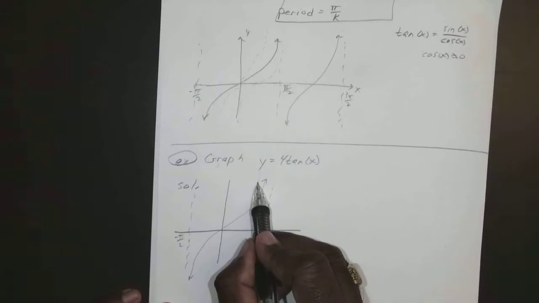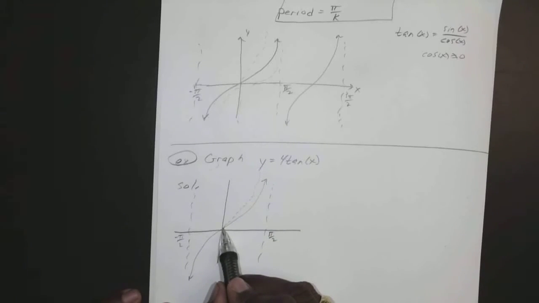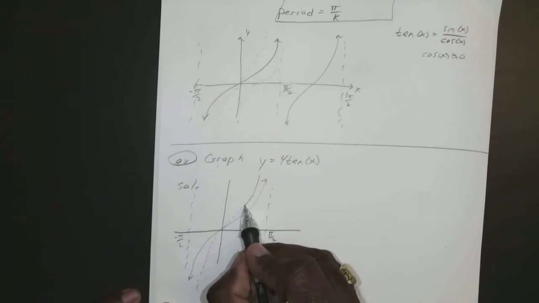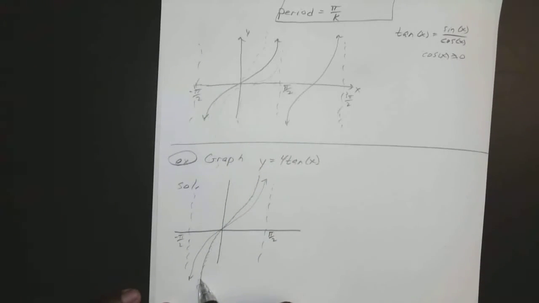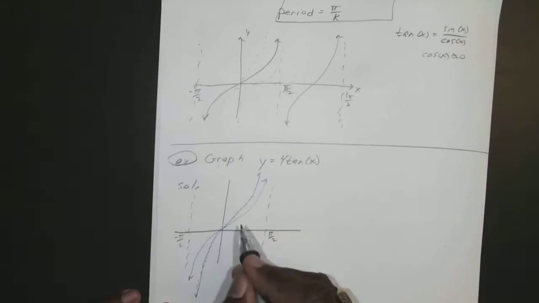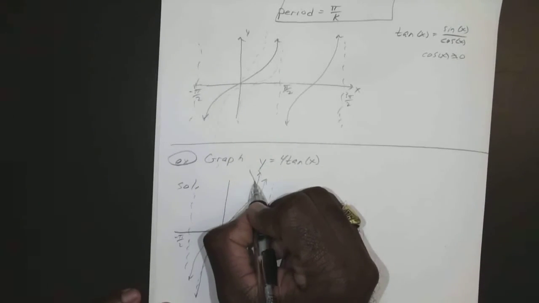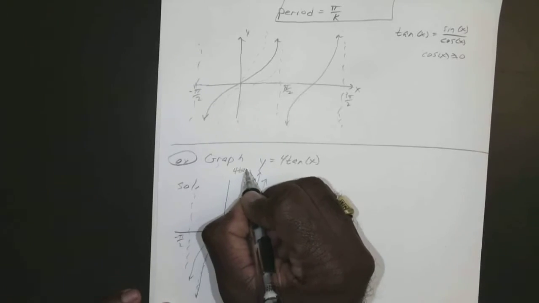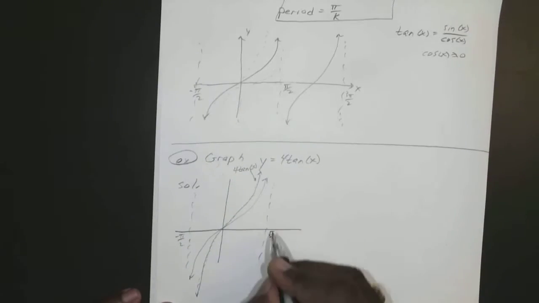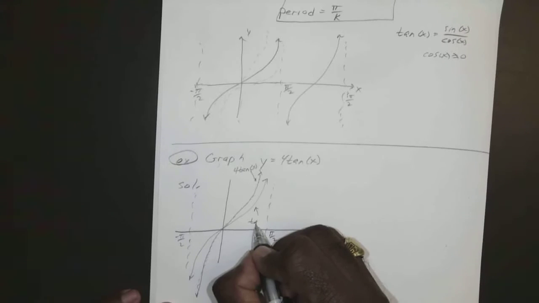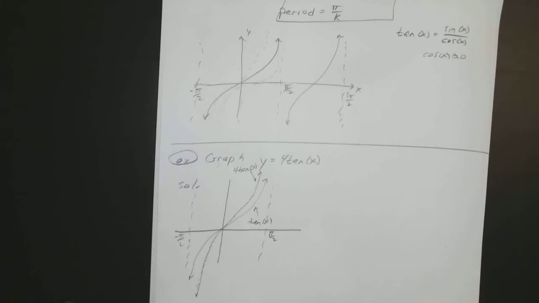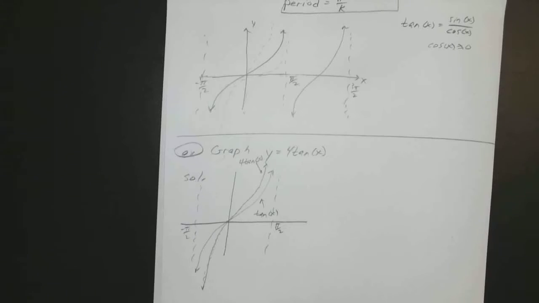It will look kind of like that. So this is our 4 times tangent of x, and this is just our tangent of x. Okay, so all the values in there are just multiplied by 4.